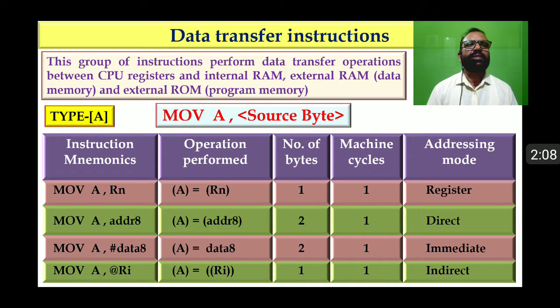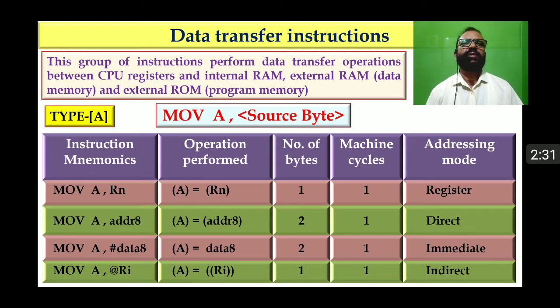The number of bytes required for this instruction is 1. The machine cycles required is also 1, and the addressing mode is of course register addressing mode, because the source is a register. So data is present in a register of the CPU of microcontroller 8051.